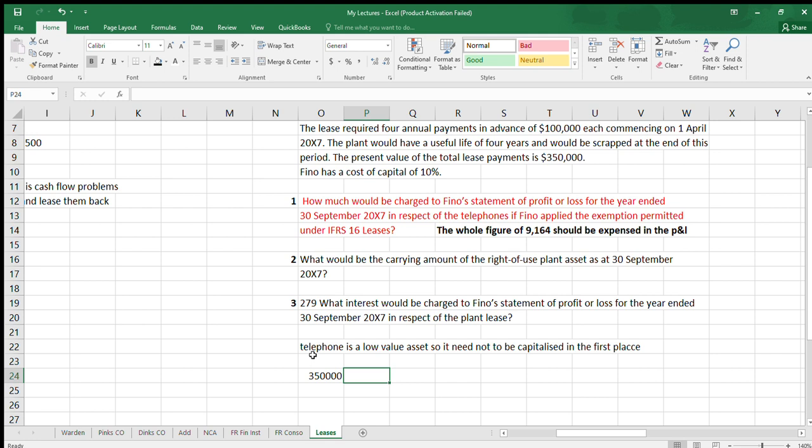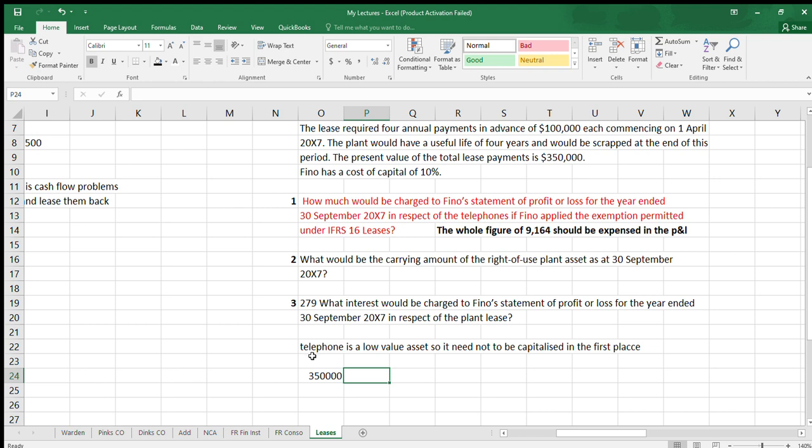That is, it is equal to the lease liability plus the initial payment. Are you getting me? And this one will be depreciated over the useful life of the asset.